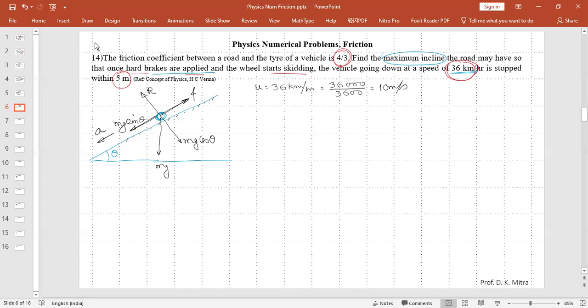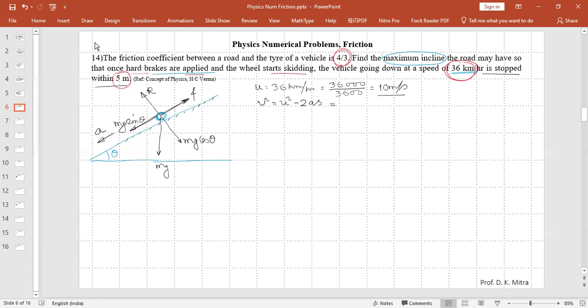Once we have understood this problem this way, the remaining solution becomes easy. It says the vehicle is stopped within 5 meters and it was coming with a speed of 10 meters per second. So we can find the acceleration using the formula v square is equal to u square, now minus because there is a retardation, 2as.